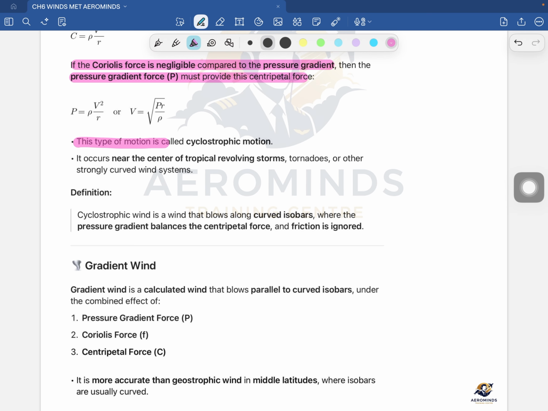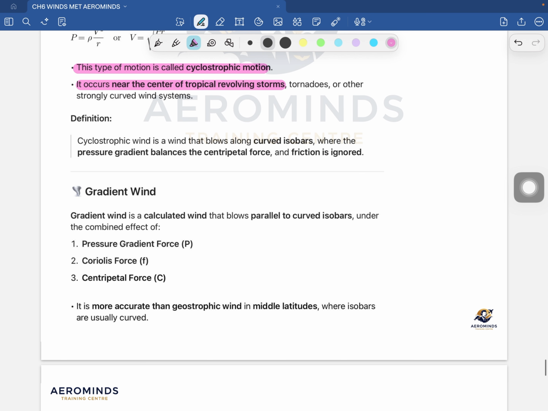This type of motion is called cyclostrophic motion, and it occurs near the center of revolving storms like tornadoes. Cyclostrophic wind is the wind which blows along the curved isobars, where the pressure gradient balances the centripetal force and the friction is ignored.